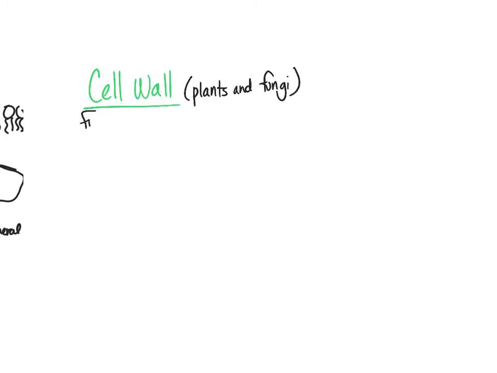So the function of the cell wall is that it protects the cell. It helps to maintain its shape, and then it prevents it from bursting under pressure. So protects the cell, helps maintain shape of the cell, and it prevents it from bursting.